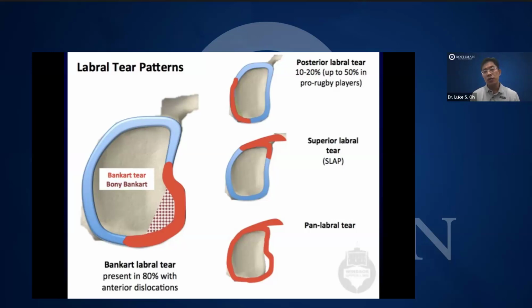These types of injuries you see more in folks who are, say, a lineman in football, where they have their arms up in front of them and they're blocking, and so their humeral head gets jammed toward the back of the shoulder, and it can create a posterior labral tear. Superior labral tears, the SLAP tear, are more commonly seen in overhead throwing athletes, baseball players, javelin throwers, and overhead sports.